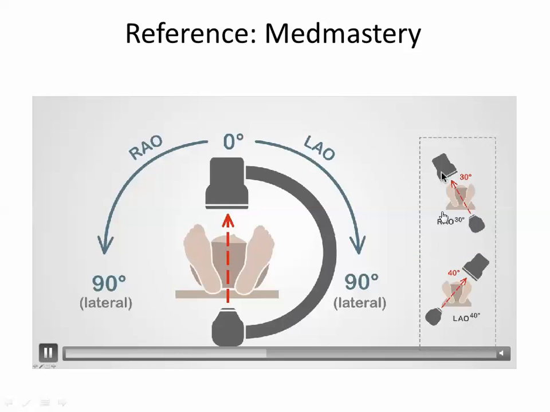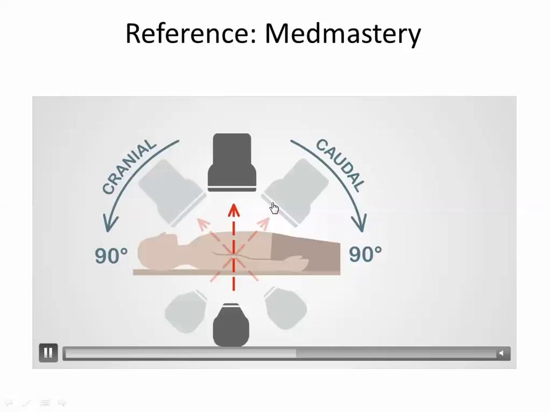As we said, this is RAO 30, so the camera will be here at 30 degrees from zero, RAO. And this is LAO 40, so the camera will be here 40 degrees from the AP or midline. This is the cranial and caudal, as we said: this is the camera, this is cranial, and this is the camera, this is caudal.